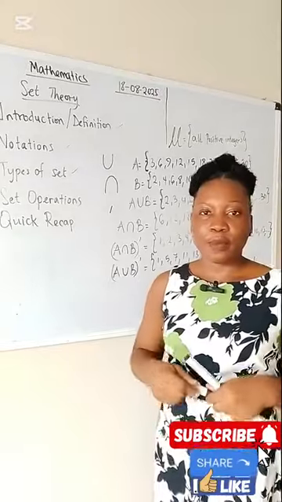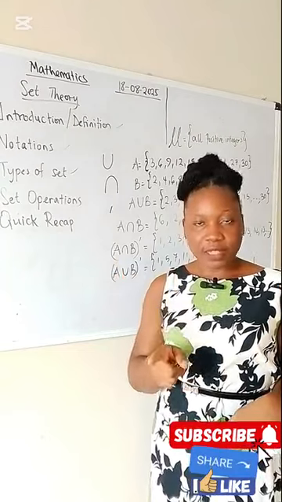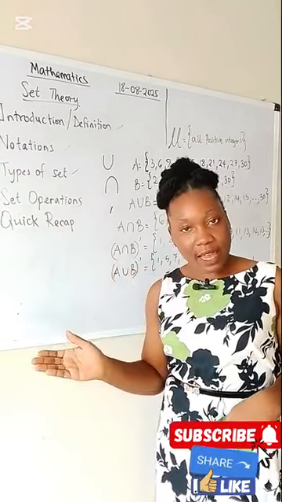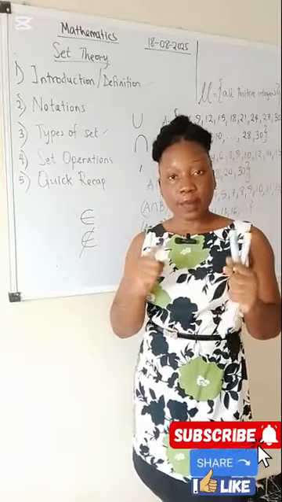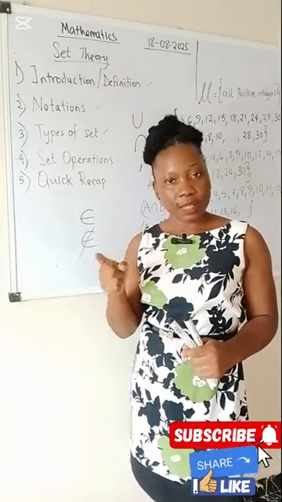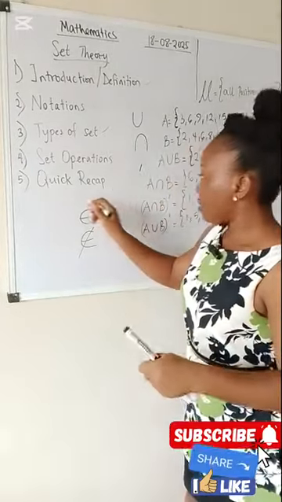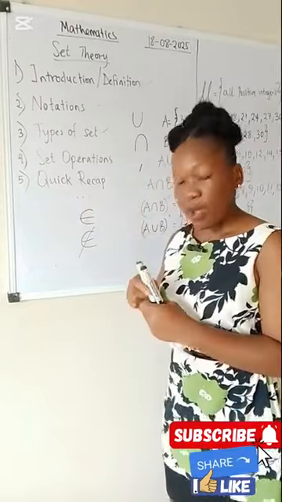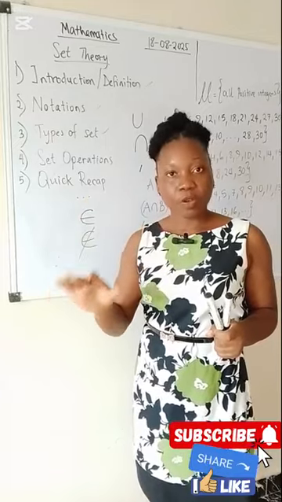So a quick recap of all we've learned so far. A set is a collection of objects which are called elements in the set. And we've learned that we represent sets using capital letters and curly brackets, and we separate the elements of the set using commas. We also use ellipses, which is this symbol here, when we want to represent the elements that we cannot write down because there are too many.